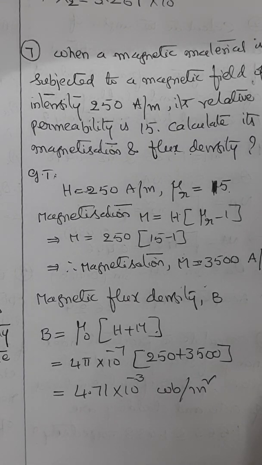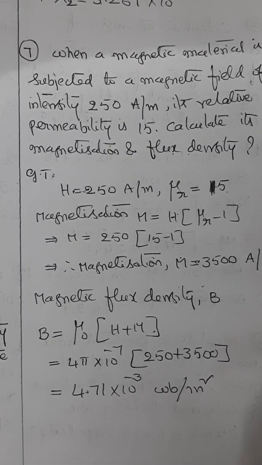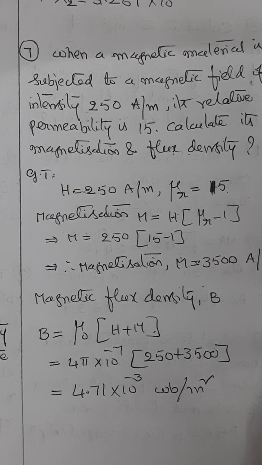But if you look at an essay type question or a long answer type question, questions could be like: describe the origin of magnetic moment in an atom, or describe the classification of magnetic materials, explain the hysteresis of ferromagnetic materials, explain soft and hard magnetic materials, or distinguish between them. Questions can be posed like that.